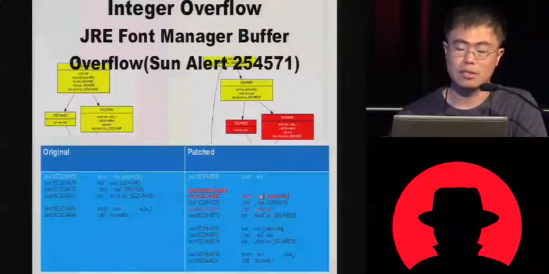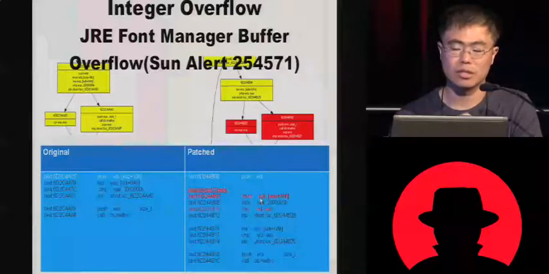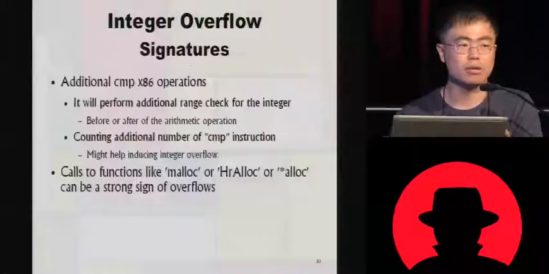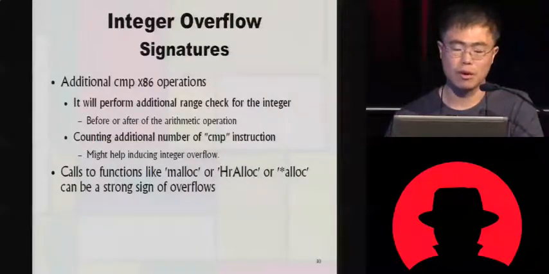So the fix is calling more CMP instructions with the original value. So it's checking twice. It's checking whether the original value is bigger than some constant number, and it's checking again after the addition. So it's doing more comparisons here. So you can use the number of CMP instructions.